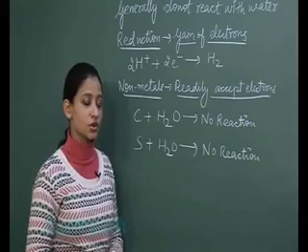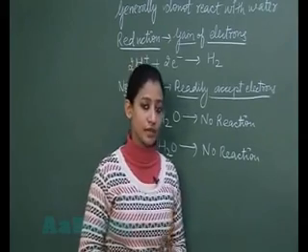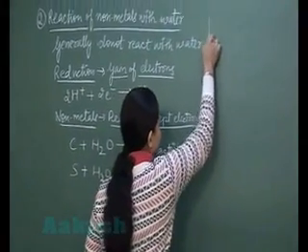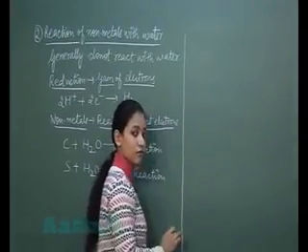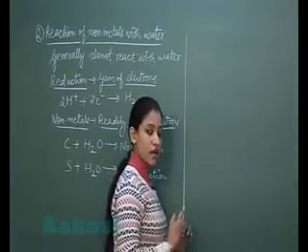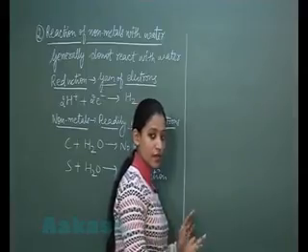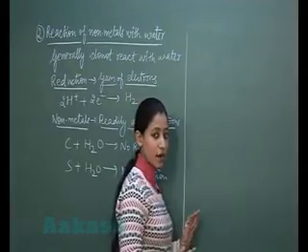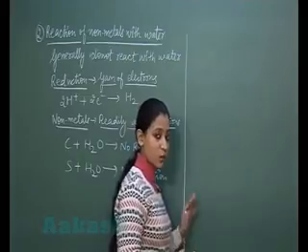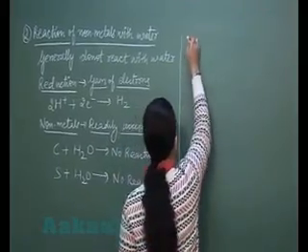Next is reaction of non-metals with dilute acids. We are actually discussing the reactions which we discussed for metals also. Metals react with water to release the hydrogen gas, and they even react with the dilute acids to release the hydrogen gas. So let us see whether this happens in case of non-metals also.